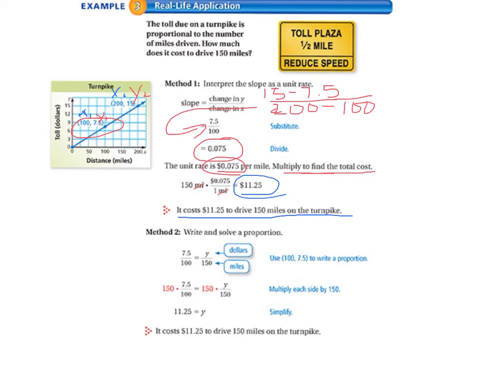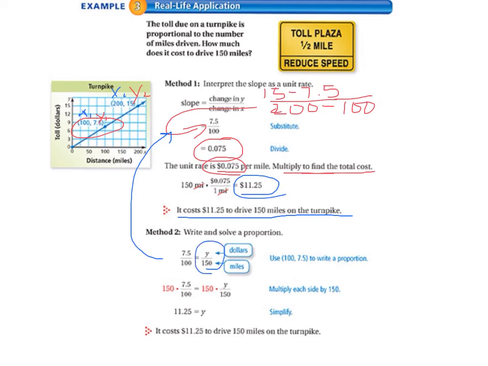Method 2, you write and solve a proportion. So again, we're using the graph. So it's 7.5 over 100. So we use our slope up here again that we got from the graph, and we set that equal to what we don't know. So we don't know how many dollars it's going to cost us to drive 150 miles.